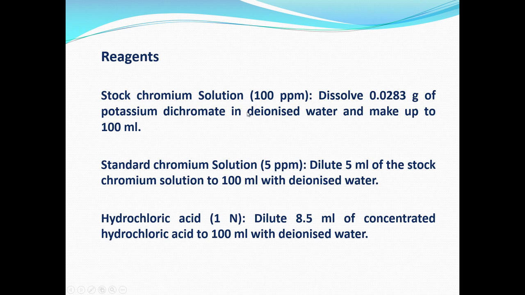For the stock solution, I recommend you handle very little chromium even in your day to day life. So, we recommend 100 ppm is more than enough for your stock solution. You have to dissolve 0.0283 gram of potassium dichromate in deionized water, very highly soluble in water. Even 100 ppm would be quite a dark yellow color.